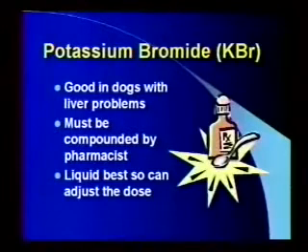But the liquid is best because we're going to go through a dosage adjustment period. While the dosage is being adjusted, we want to allow for some flexibility. If we pack the crystals into capsules, it's really hard to make fine adjustments in the dose. So go with a liquid.